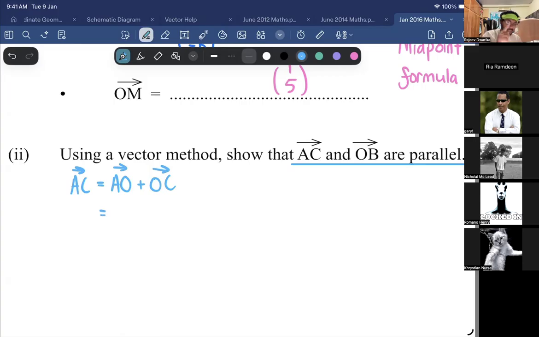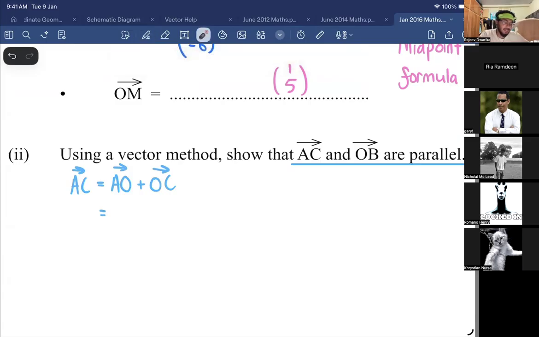Now, Nikolai, AO is the same thing as what other vector? Vector AO is the same thing as OA. However, are they going in the same direction or different directions?